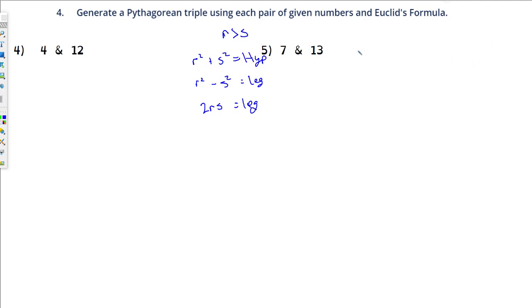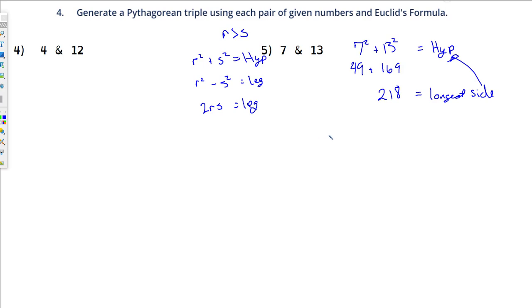Number 5? Okay, so to get our hypotenuse, we're going to do 7 squared plus 13 squared. And that's going to be 49 plus 169. So that's going to be 8, carry the 1 gives us 11, carry the 1, that's 218 is my longest side, aka my hypotenuse.